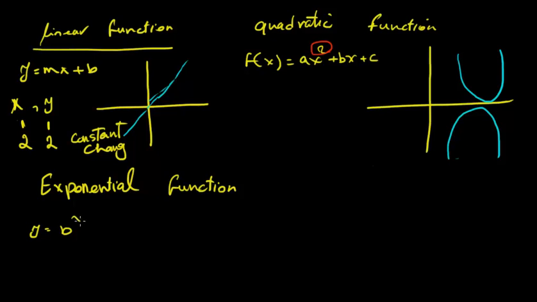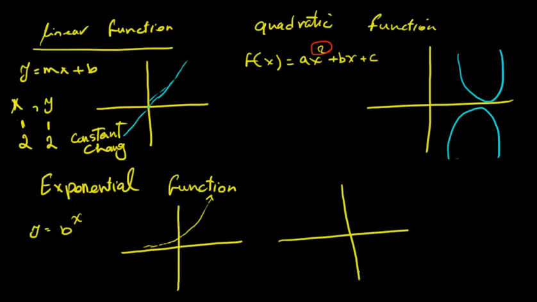Now we have function where the general form is y, or f of x, equals to b to the x power. The graph of this function looks something similar to this one, or you might see it like this one.